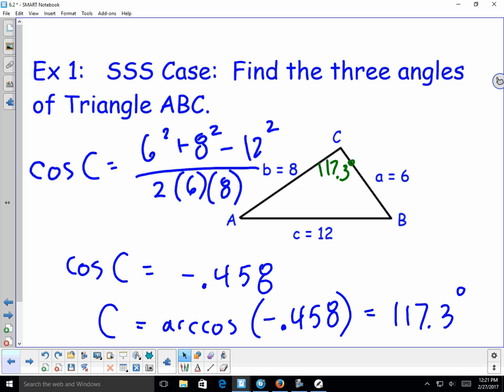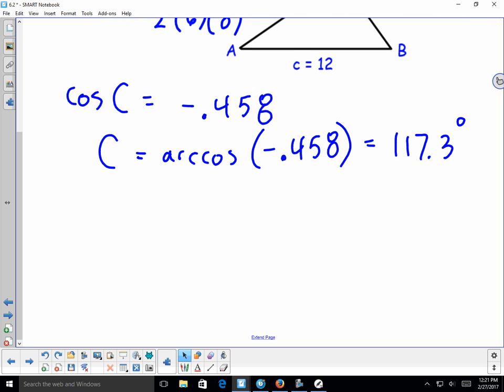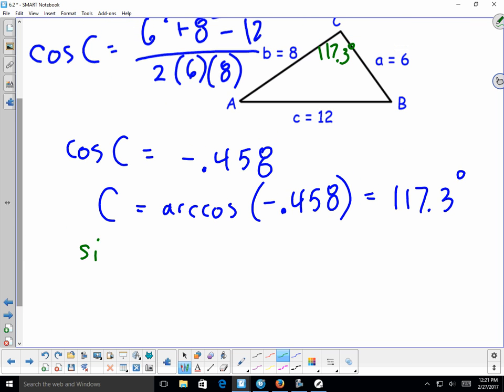Thank you. All right, so we're switching to law of sines here. So what do we know? This is our situation right now. How are we going to set this up? Hannah: Sine of C, so sine of 117.3, over 12, equals sine of A over 6.